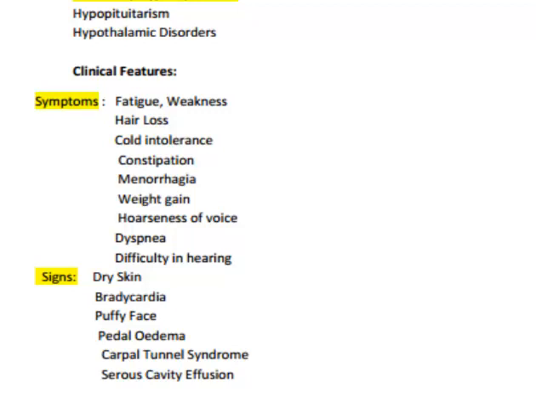Now, signs are dry skin, bradycardia, puffy face, pedal edema, hair loss, carpal tunnel syndrome, and there may be also serous cavity effusion.